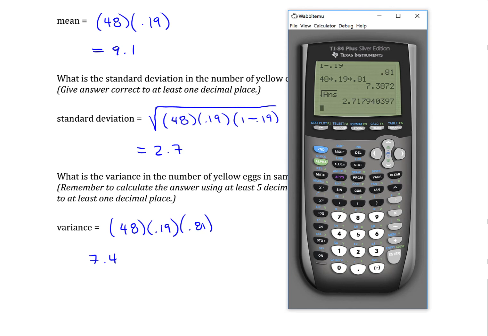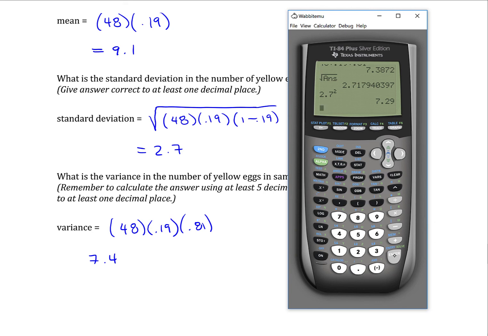Now, if you take your answer from the previous box, so 2.7, and you square it, do be careful to make sure you use enough decimal places. Because if you'll notice here, I've got 7.3 when I round to one decimal, which is slightly off. It's the correct process, but I've got rounding error here.